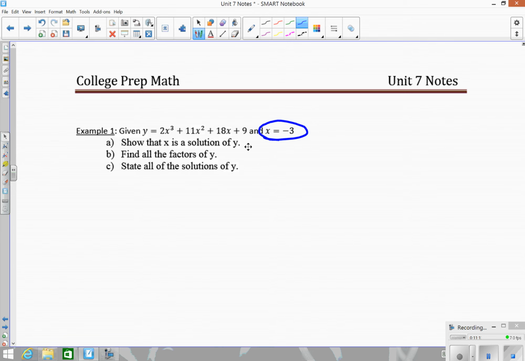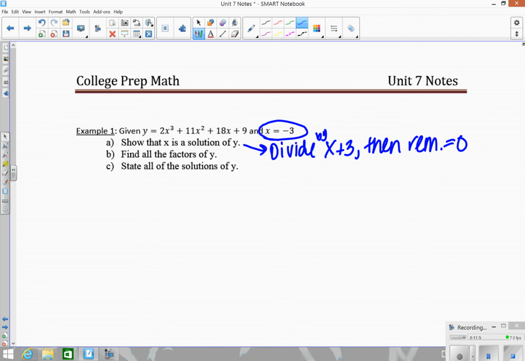It also means that when you divide by x minus -3, which is really x plus 3, the remainder has to equal 0.